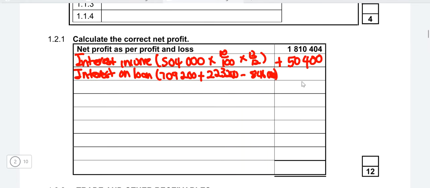And then from there, remember, interest on loan is an expense, so it's supposed to reduce our incorrect net profit. So what we're going to do, we then check.